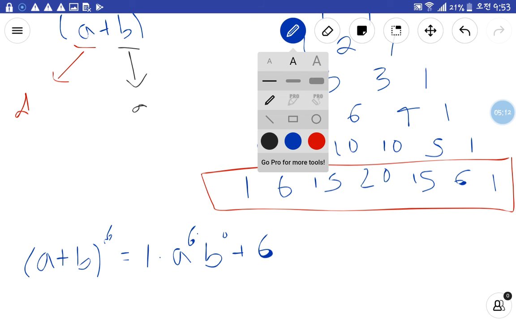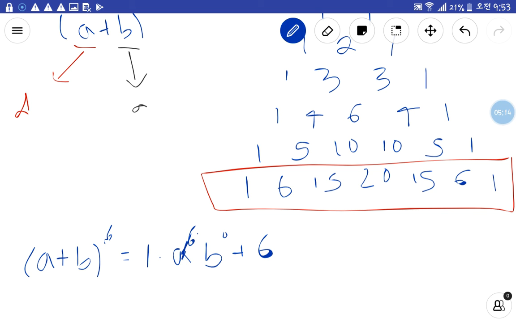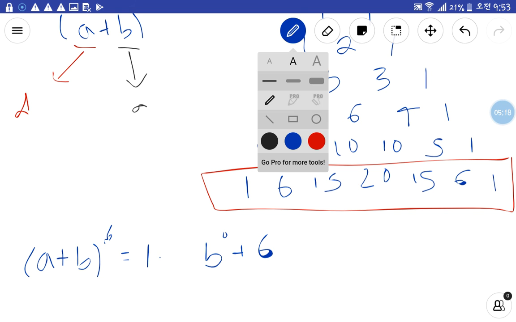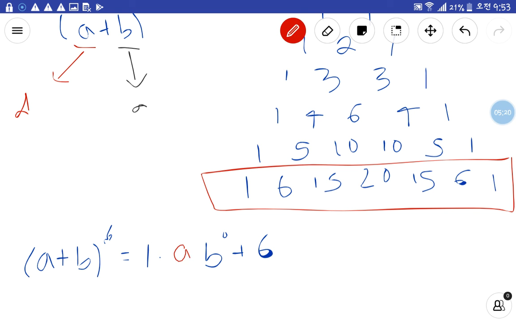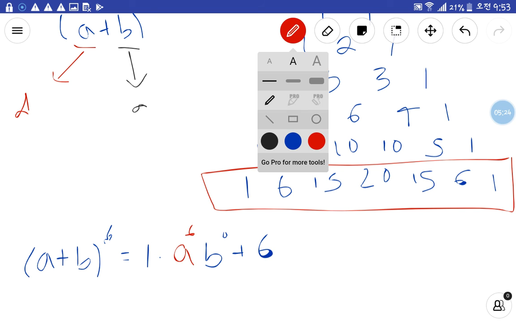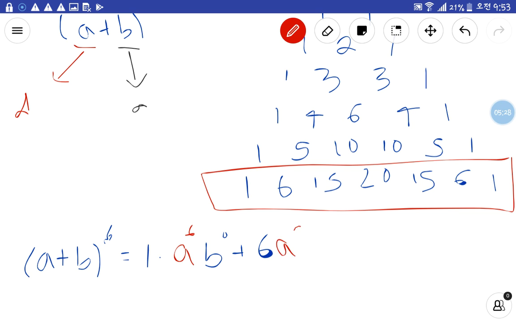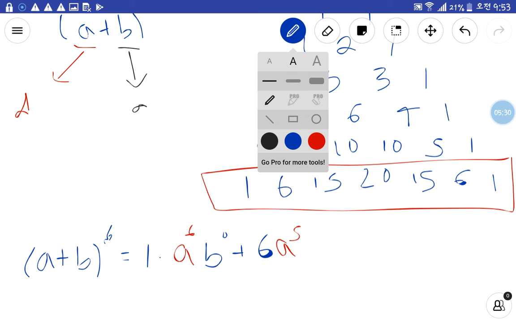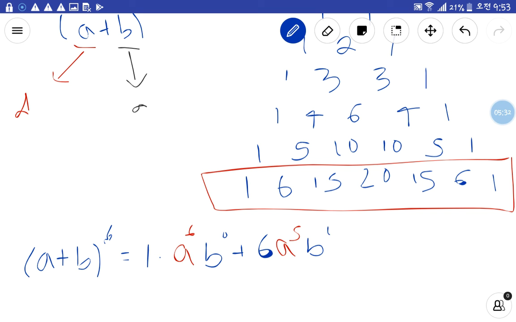So let me change my color into red for a so that you can see the difference. Okay, so a to the 6th power. Now 6, and then we have a to the 5th power. I got b to the 1st power because b should be increasing. Now what? Use my third number, 15.